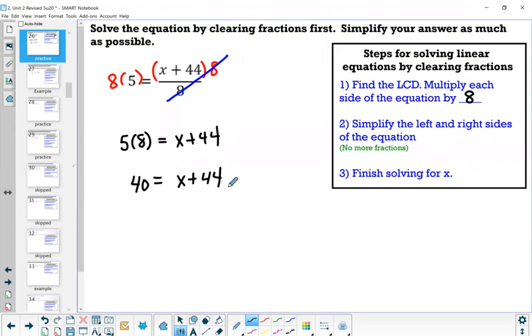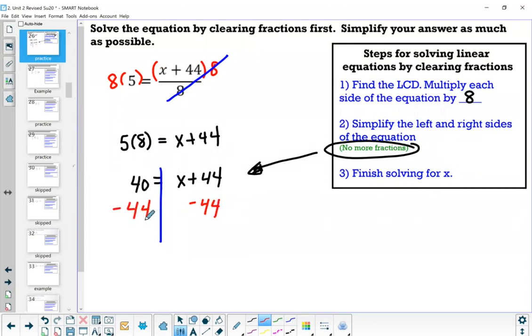Fractions are cleared. Okay, continue to solve. So subtract 44 from each side. And we get -4 equals x.